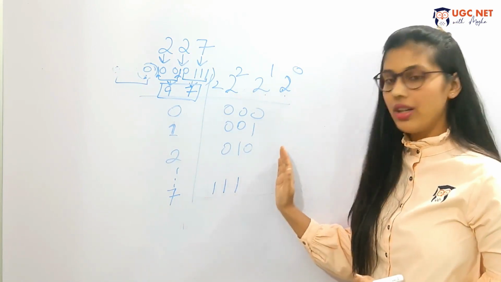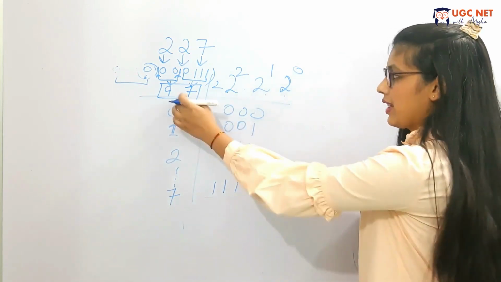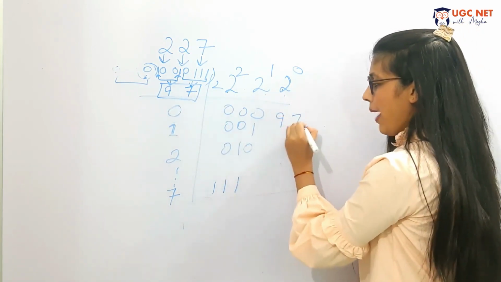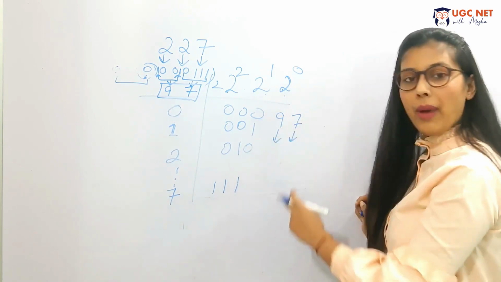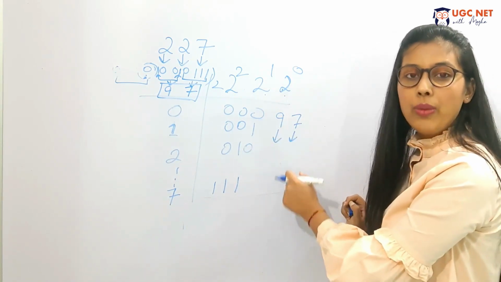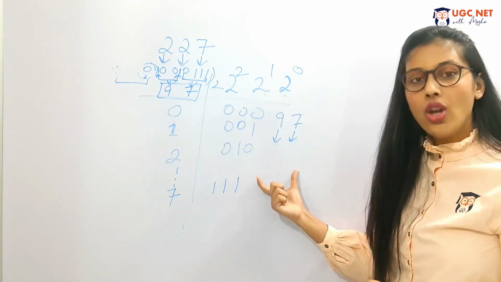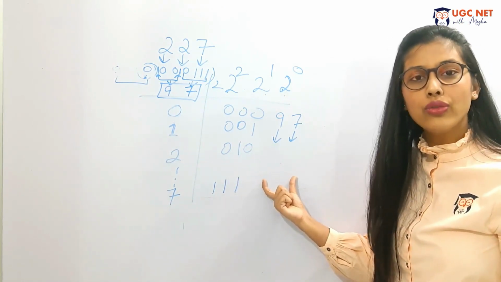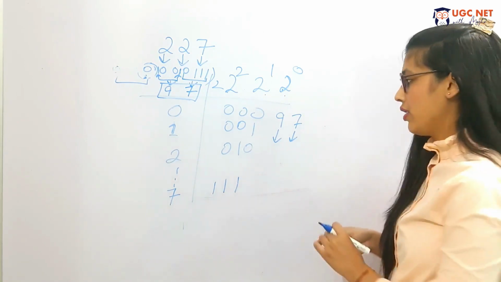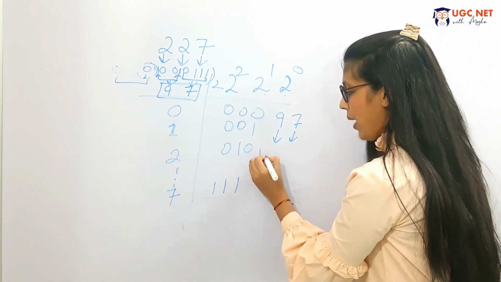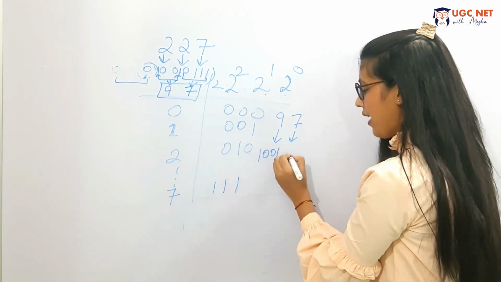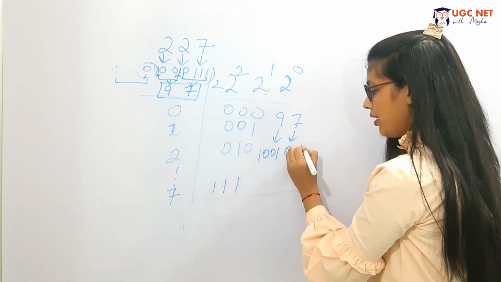So we'll convert the hexadecimal number, let's take 97 only, into binary first, and then the binary equivalent would be grouped in 3 digits, and then we would look for the octal equivalent for each group of 3 digits. So for 9 the binary equivalent is 1001, and for 7 it is 0111.